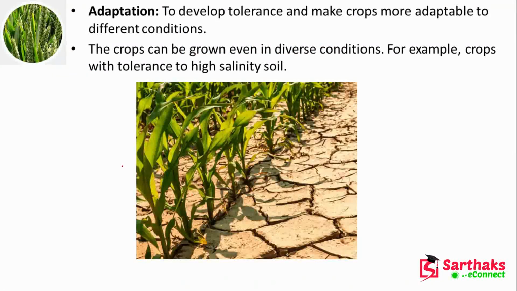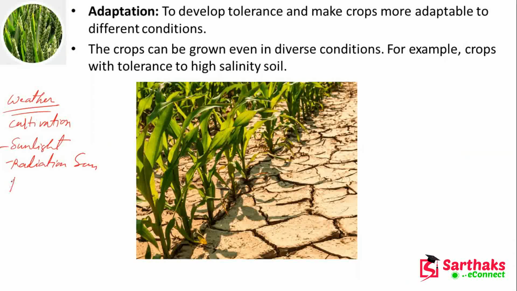Now the adaptation. Now we know that weather is a very important factor for the cultivation. That means how much sunlight you have, that means sun radiation.